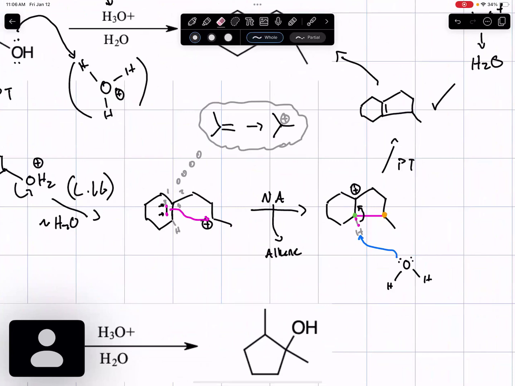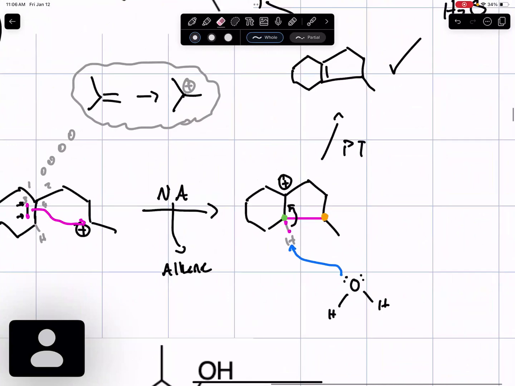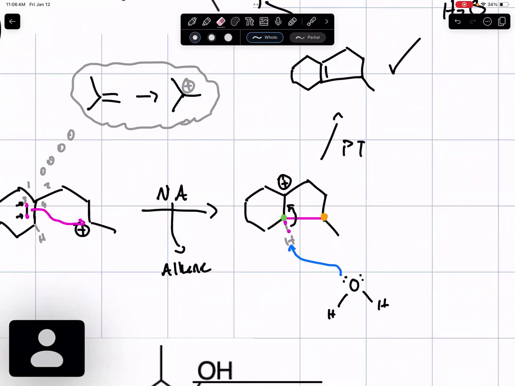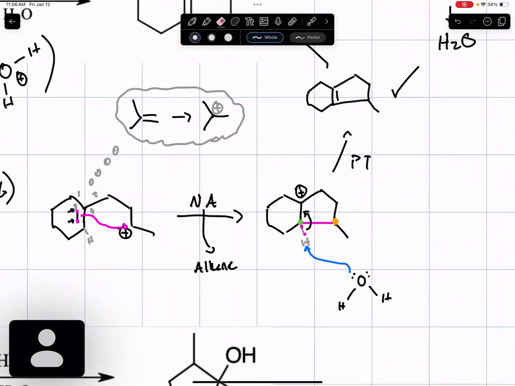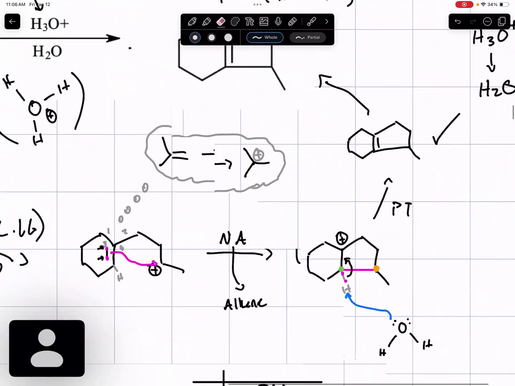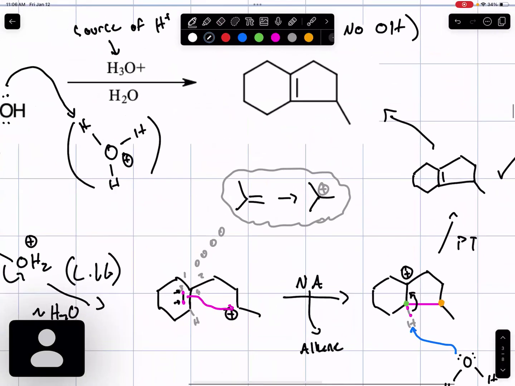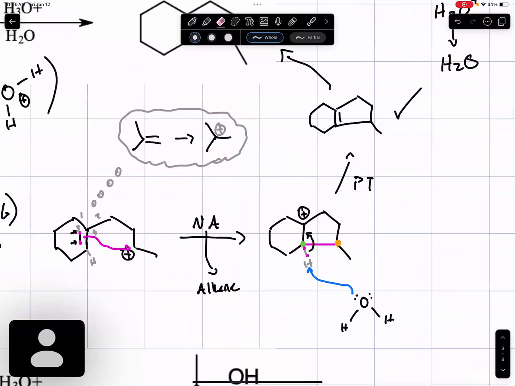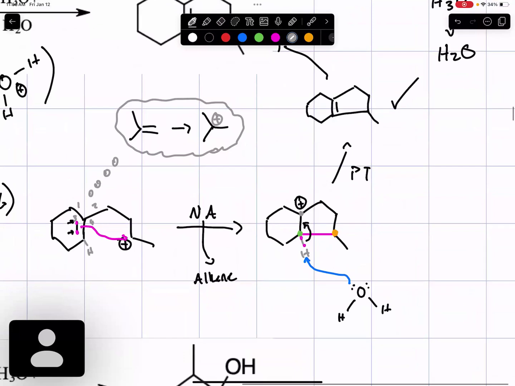That's what is showing in pink, right? That's what's representing our nucleophilic attack. Those electrons now form this pentane ring, but because we got rid of the alkene, the carbon on top, which I showed you guys over here, let's say that was the gray carbon, now has a positive charge.